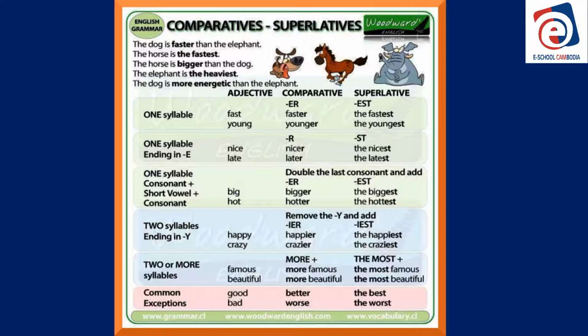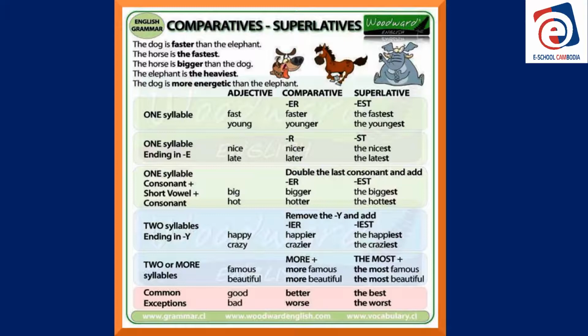Faster than, bigger than, heavier than. Okay, and the superlative, the horse is the fastest. The cheetah is the fastest animal in the world. The horse is bigger than the dog, we're comparing two, bigger than. But the superlative is the elephant is the heaviest animal in the world. And the dog is more energetic than the elephant.